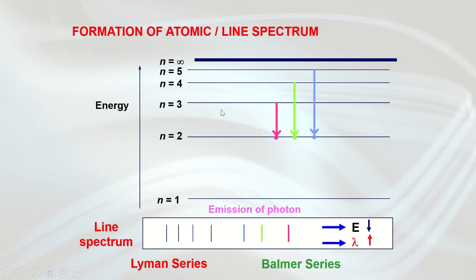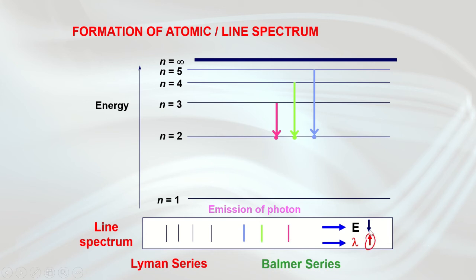Okay, so let's take a look at the Balmer series when electron falls to n equal to 2. As we can see, the pink line represents the first transition, the first line of the Balmer series, where the electron transits from n equal to 3 to n equal to 2. From left to right, we can see that the wavelength increases.